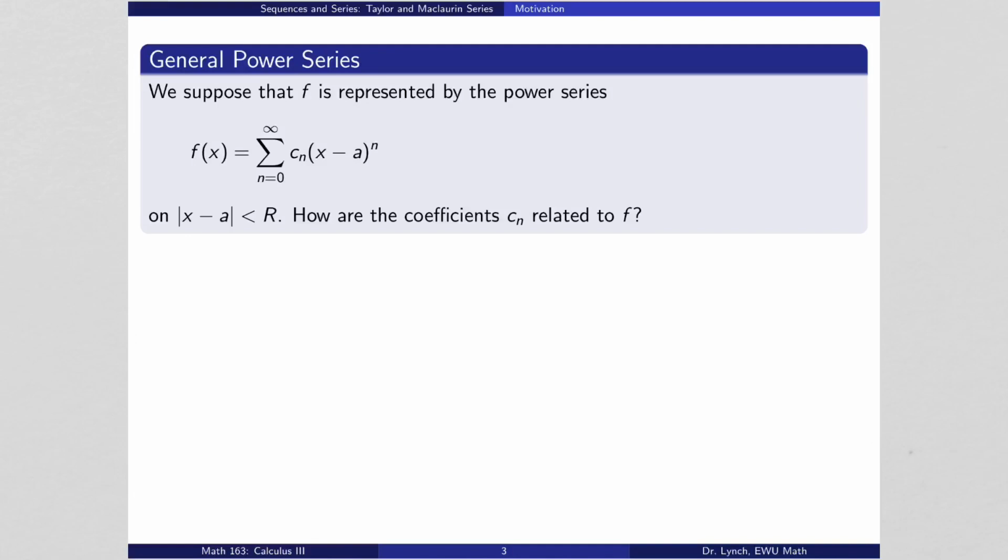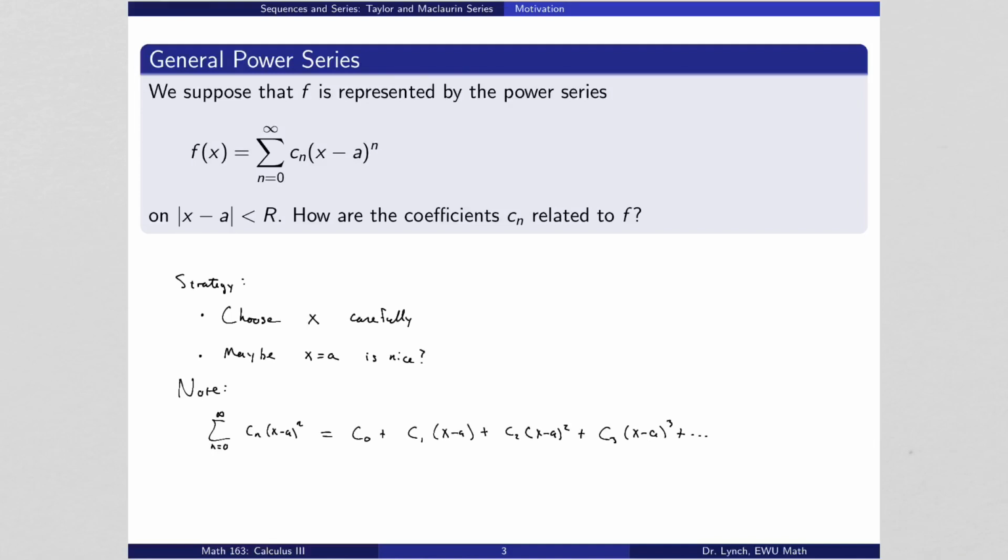What we want to figure out is how the coefficients c_n are related to the original function f. We'll do this by choosing x carefully and then using some calculus. First, x equals a looks like a nice number.